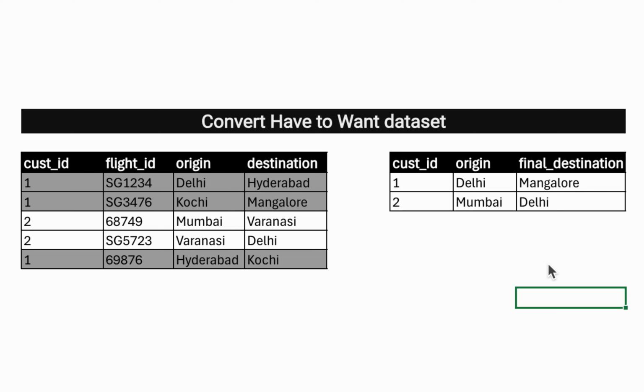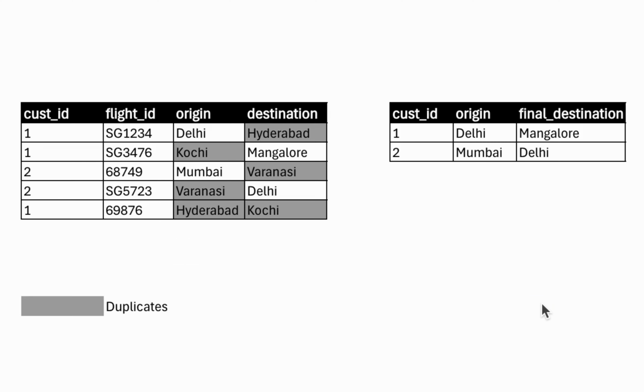So now let's try to understand and see the approach that we will use to solve this problem. So you can see we have the same dataset here, and in this I have highlighted some of the rows in gray. So gray means duplicate. So let's look into the customer ID 1 detail again. So if you look at the first row, which is Delhi Hyderabad, customer 1 is going from Delhi to Hyderabad.